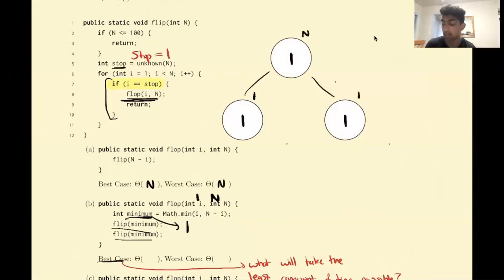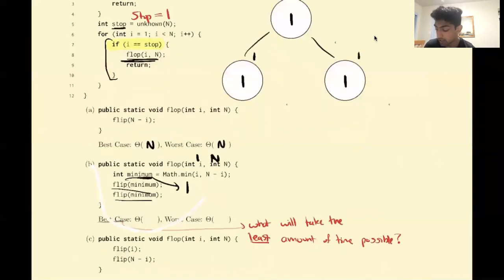So we can see here that in this possibility, we're doing a constant amount of work when stop is equal to 1 the first time around. So that actually produces our best case behavior, since you can never do better than constant time, and we've produced a situation that runs in constant time, we can say the best case is theta of 1.